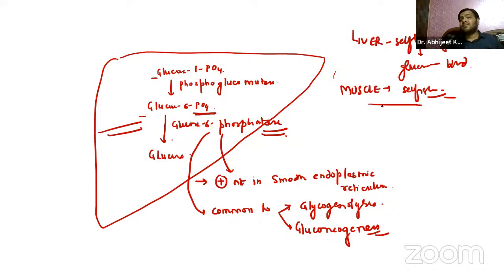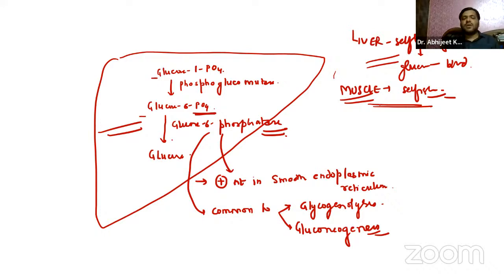The liver is providing glucose to all the parts of the body, releasing it into the bloodstream, which carries it to different parts of the body. So the liver is a selfless organ, and the muscle is a selfish organ. That is something you guys have to remember.